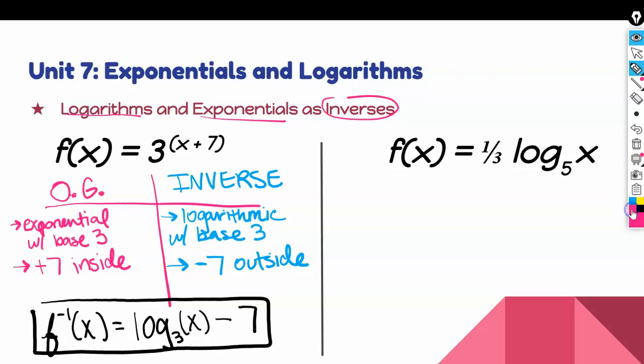Okay, so looking at the next example, because you're going to see one of each of these. I'm looking at my original, the one that they gave us, okay? It is a log with a base of 5. This can be exactly how you show your work.